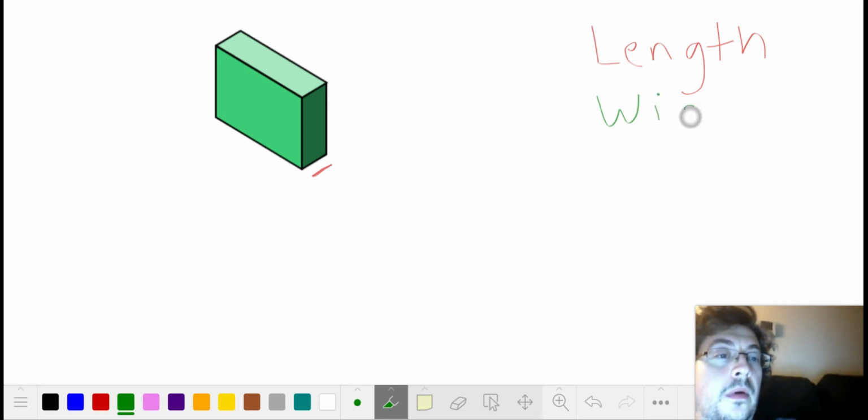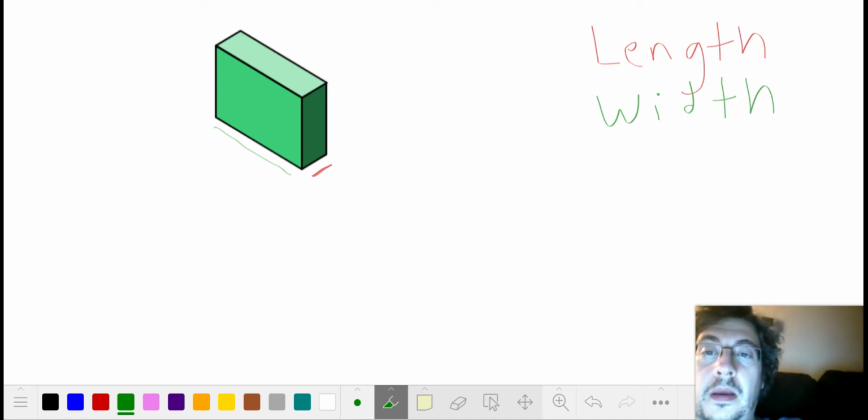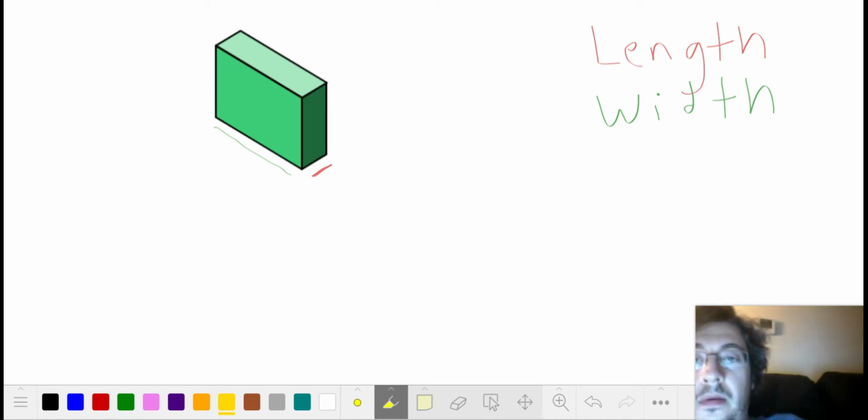And so the width of this rectangular prism will be here on this side. And then the height we'll put right there from the bottom to the top. And remember that a lot of times they'll have this shaded area as the width, but it doesn't really matter which side is length or width, okay?